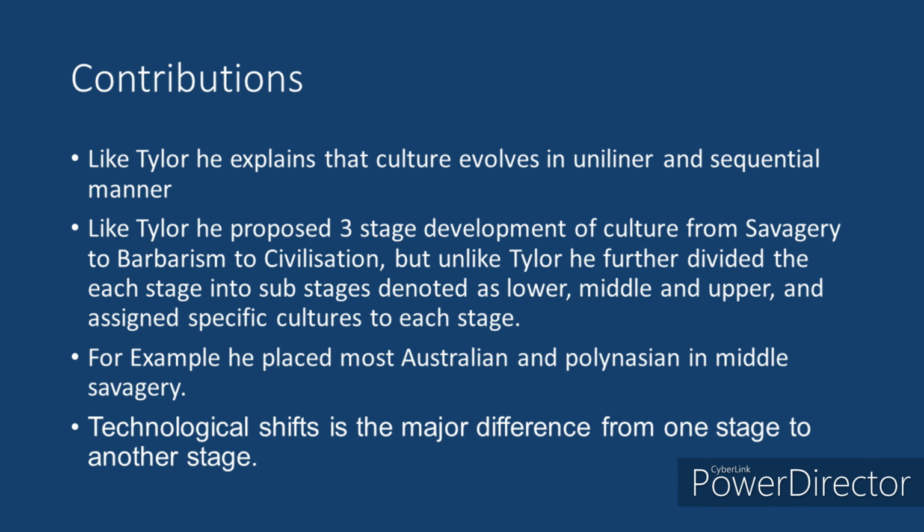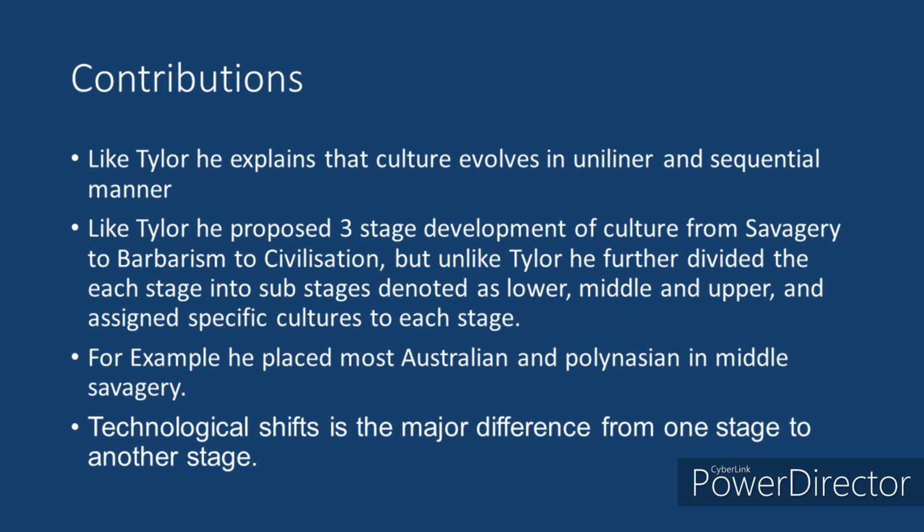But unlike Taylor, he further divided each stage into substages denoted as lower, middle, and upper, and assigned each specific culture to each stage. Except civilization, the remaining two, barbarism and savagery, he subcategorized into lower, middle, and upper, but not civilization.